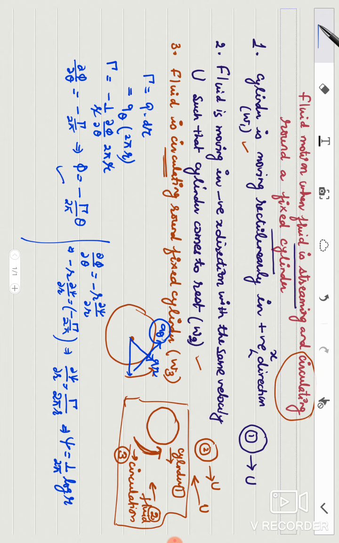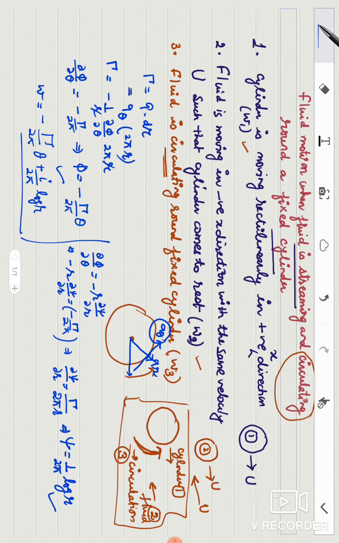So combining this phi and psi, we will get W for circulation. W is equal to phi, gamma upon 2 pi theta, plus i psi, so i gamma upon 2 pi log r.